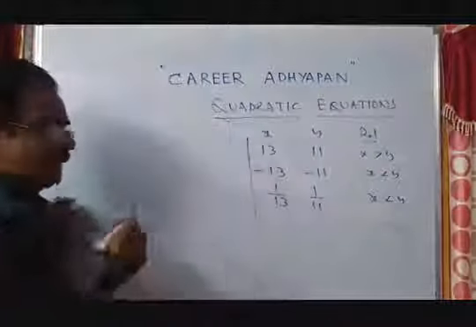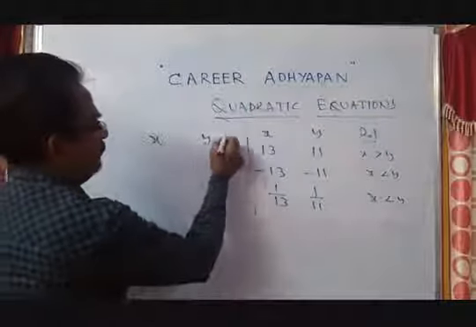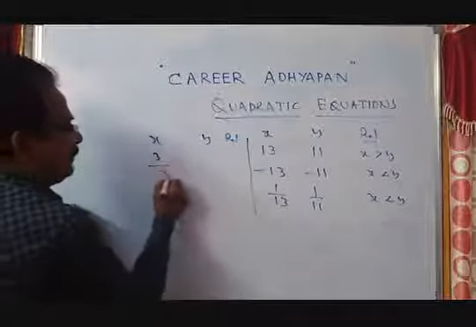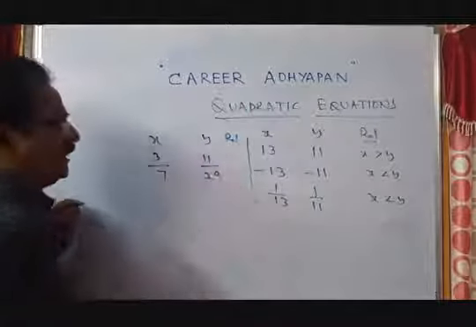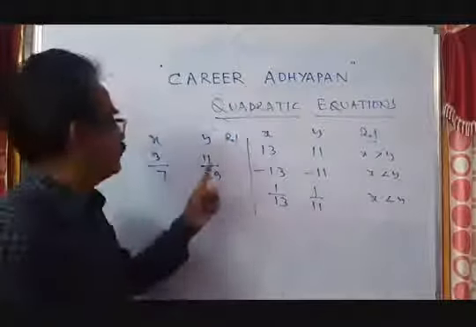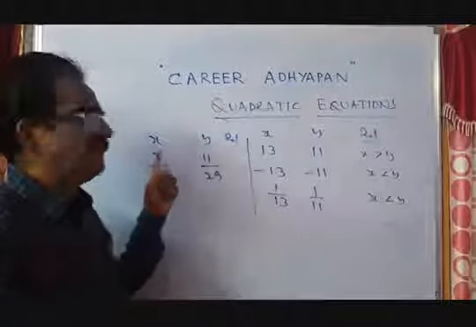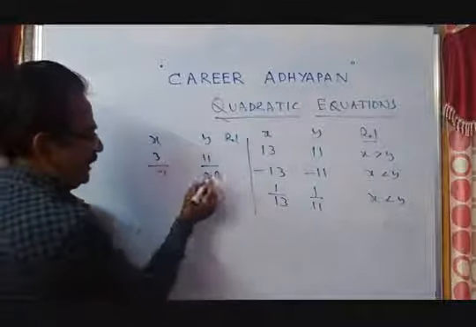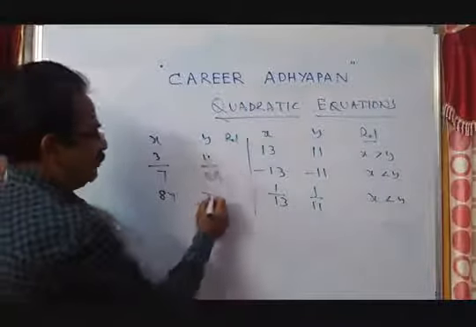And then in case of fractions, for the x, y relation, say x is equal to 3 by 7 and y is equal to 11 by 29. You need not divide 3 by 7. By doing like this, 29 3s are 87, x is 87, and 11 sevens are 77, y is 77.